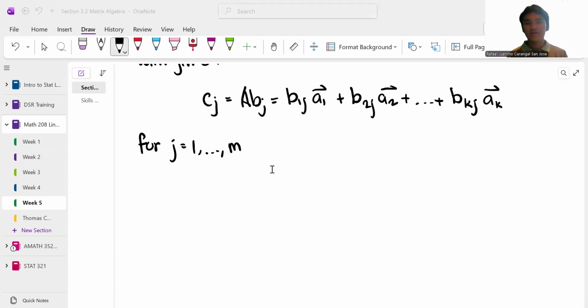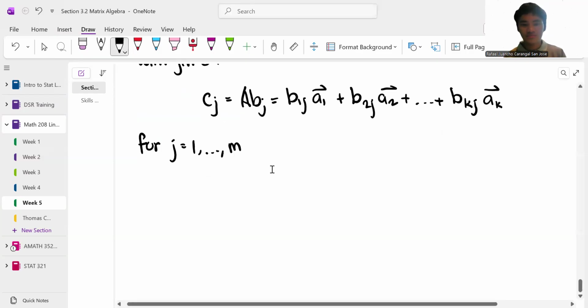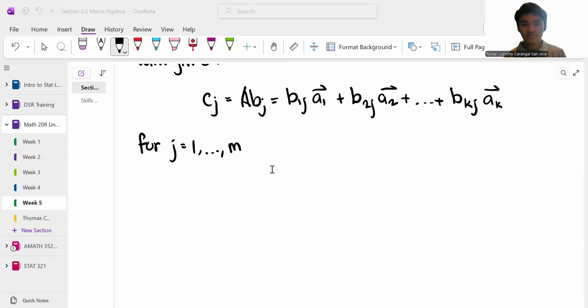Selecting the ith component from each of the vectors a sub 1 to a sub k gives the formula for individual entries of C. What am I talking about?